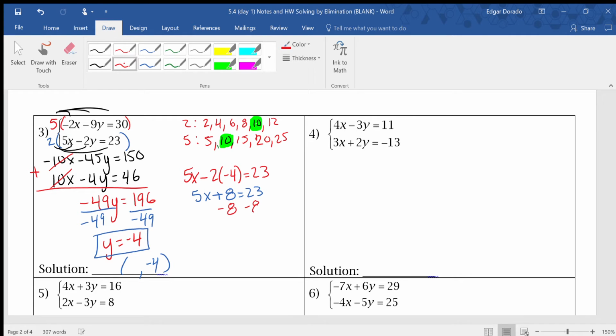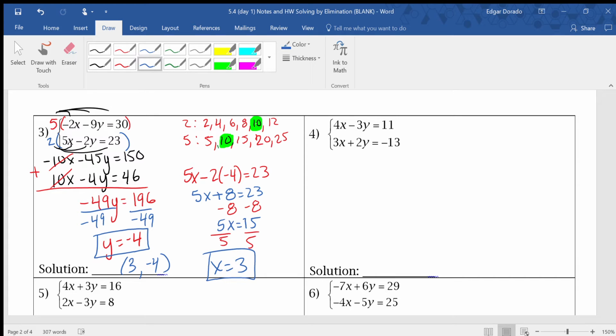Subtract 8. I get 5x equals 15, divided by 5. We get a final answer of x equals 3. So my ordered pair is 3, comma, negative 4. I am now done with that problem.